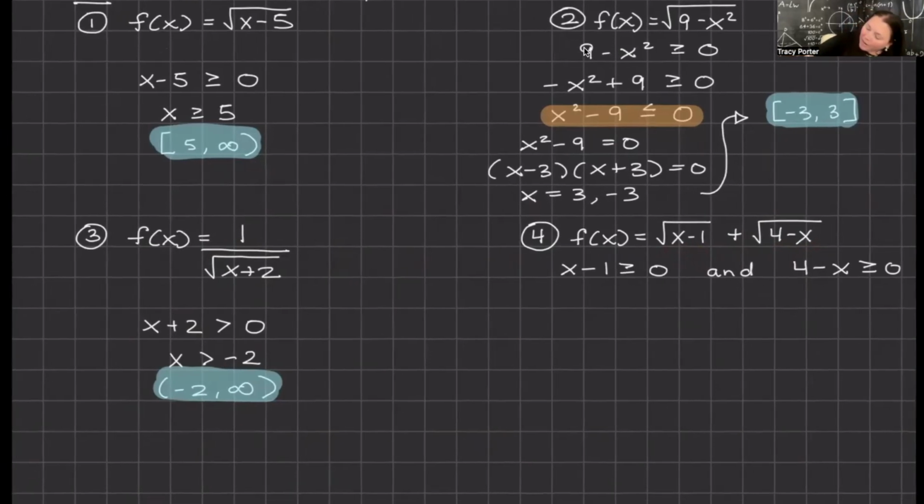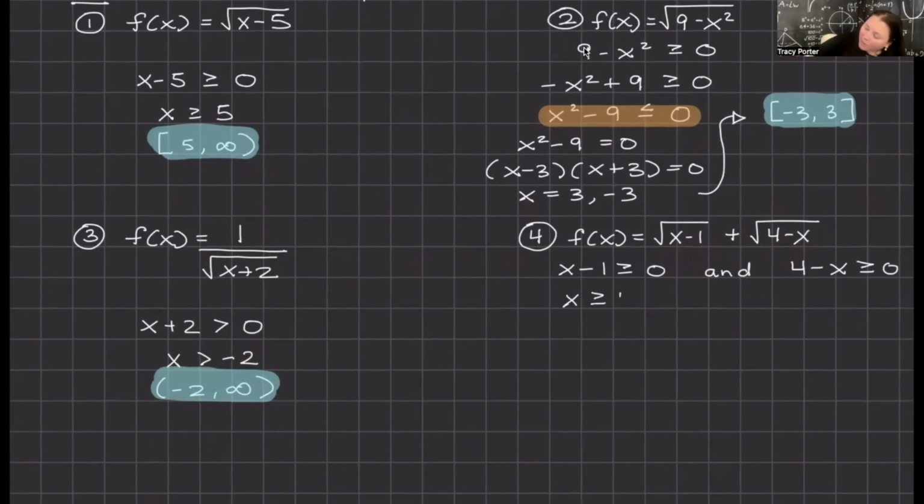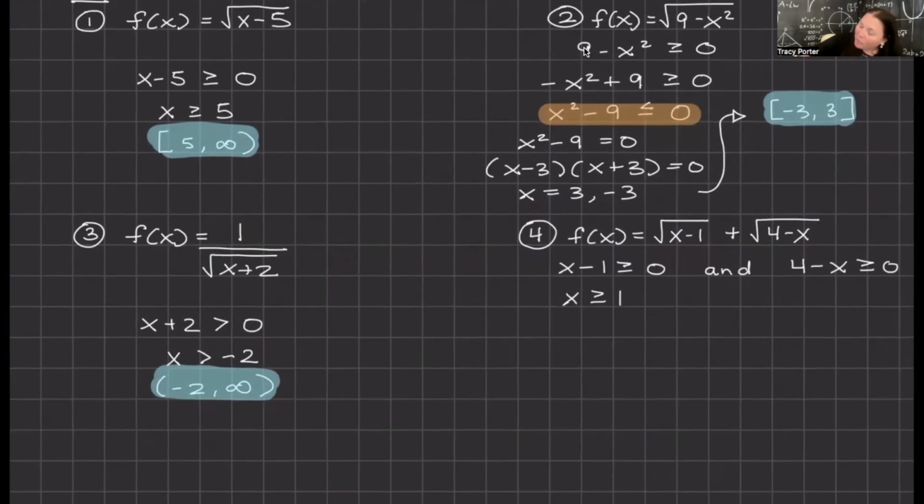Here we have that x is going to have to be greater than or equal to 1. And for this one, you could subtract the 4 and then divide by a -1, which will flip the sign, and you have x less than or equal to 4.